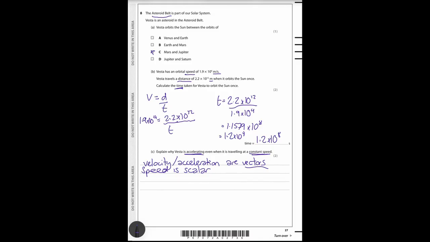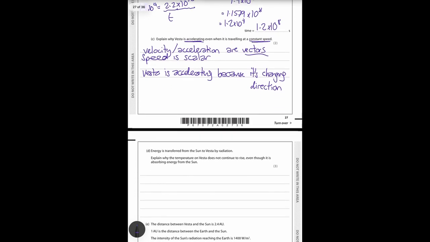Is it changing direction? Yeah, because it's moving in a circle. So I'm just going to say, well, Vesta is accelerating because it's changing direction. Okay, so I've identified the content pretty quickly, what the examiner wanted me to say, and I've just given those keywords. I've just said that pretty easily.